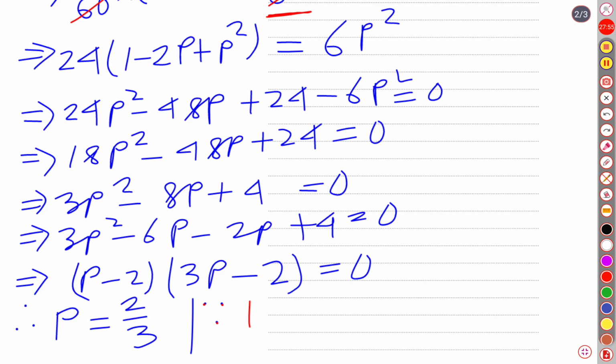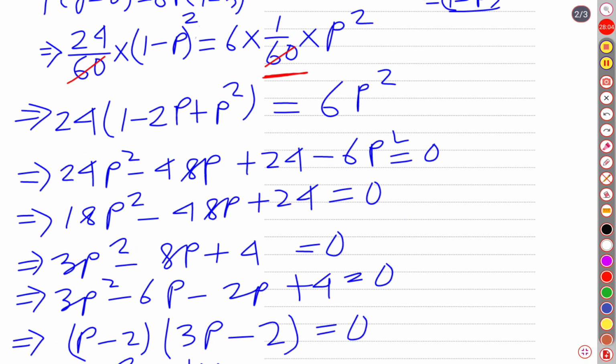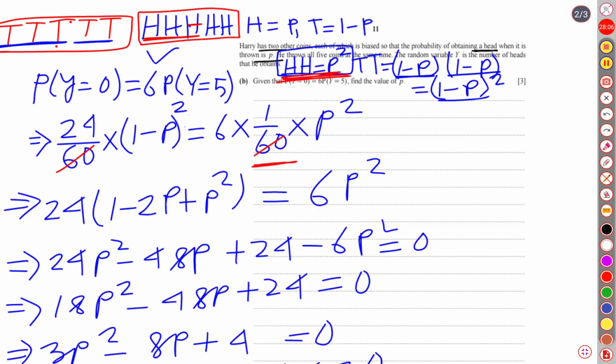Look at this. P was the probability of head, isn't it? Probability of head is p. So if there are two possible cases, head and tail, one is p, another one is 1 minus p. So total it can never be more than 1 or less than 0.